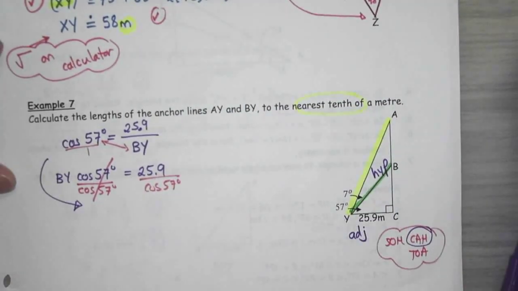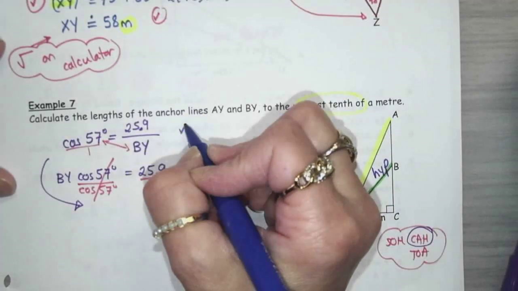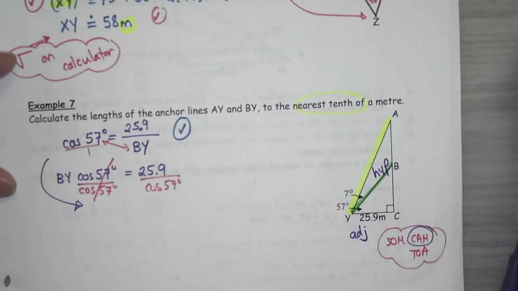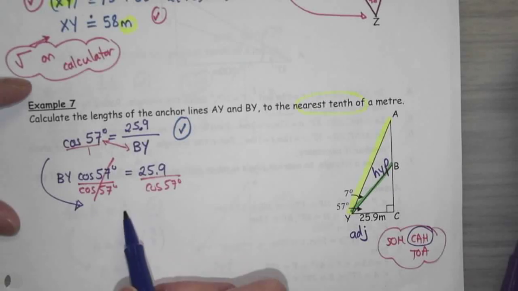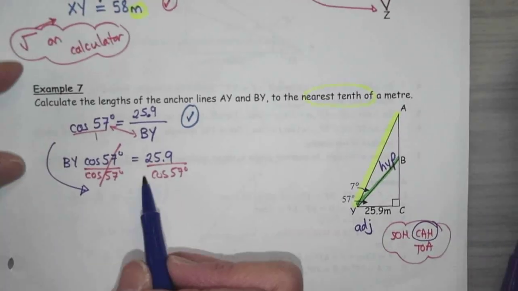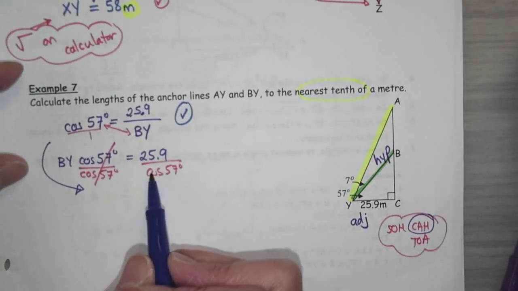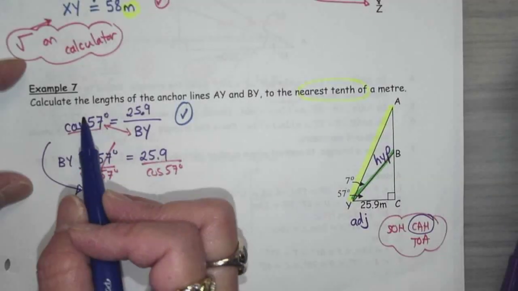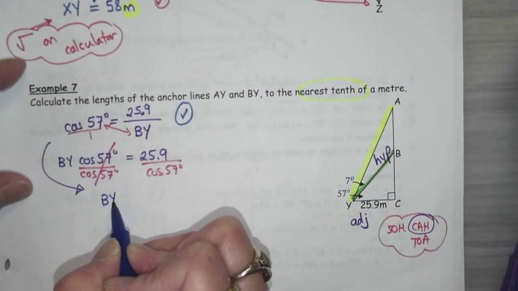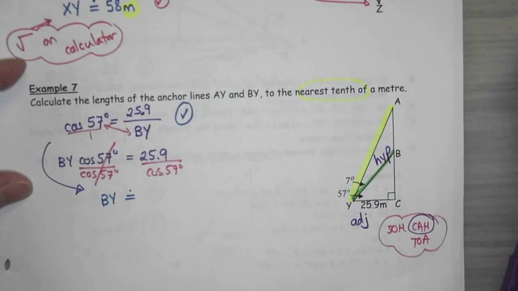Okay, so the mark you're going to get is I'm going to mark this ratio, which is your SOHCAHTOA ratio. If you don't want to show this and you do it all on your calculator, yeah, in grade 11, I will accept it if you skip to this.